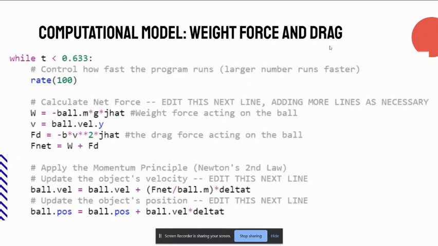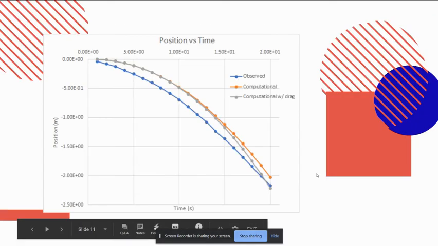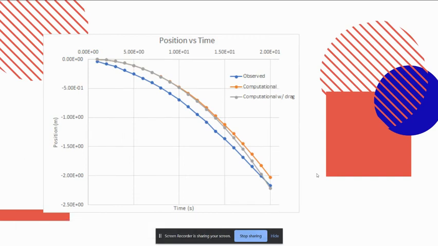Using the same time, I only changed the net force equation to also include the drag force based on the formula I discussed earlier, updated the object's velocity and the object's position, and ran the model. Again, you can look at my code if you would like to run the computational models yourself. And here is the position versus time graph for both computational models and my observed model.